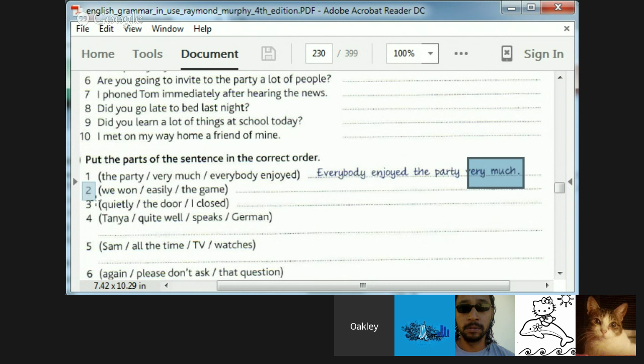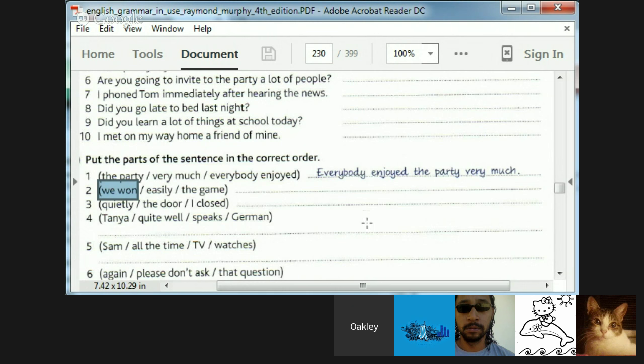Okay, Heidi, back to you. Number two. We won the game easily. Okay. Now we're really forcing it. You notice we're really forcing it by sticking the subject, noun, and the verb together. We're really forcing a certain sentence construction. You can't really do anything else but exactly what you did.